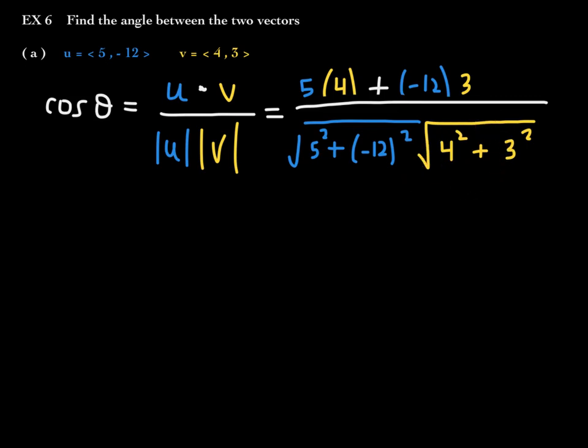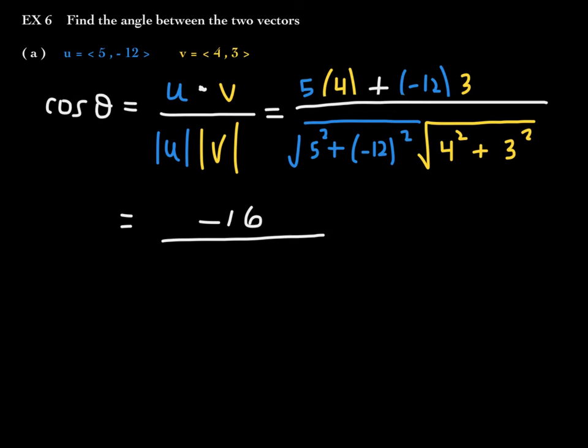All right, so then the numerator will be 20 minus 36, which is negative 16. Right there, everybody. Stop right there. The dot product is negative. That tells me that the angle between my two vectors is obtuse.